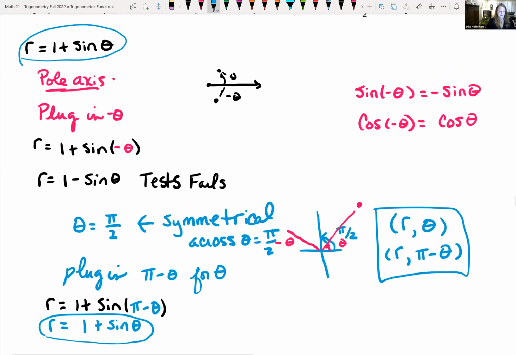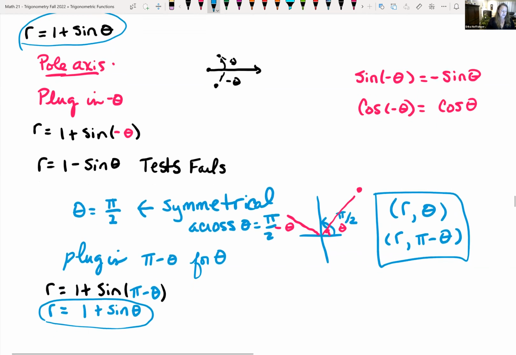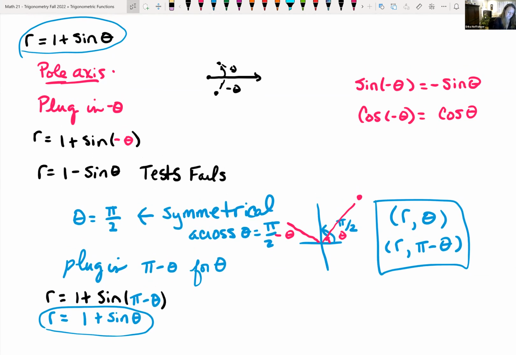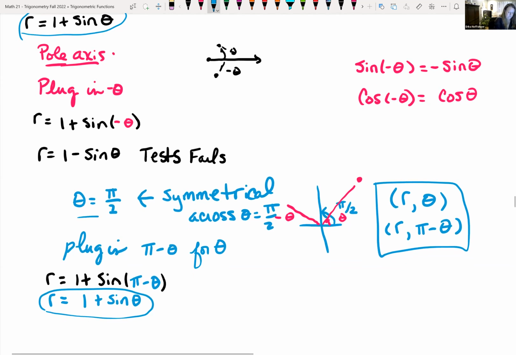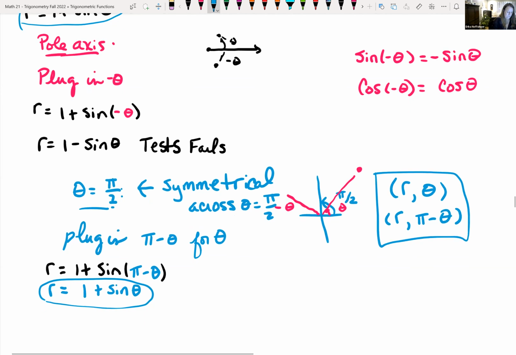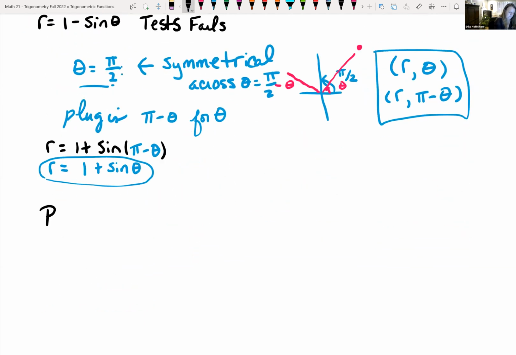So let's look at the pole also. Recall we would plug in negative r for r and see if that remains unchanged. Our equation was r is equal to 1 plus sine theta.